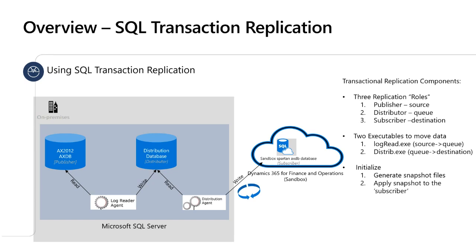But once the initial snapshot is generated and delivered, the agents keep pushing the incremental transactions on a regular basis to the subscriber in near real time, which is not a time consuming activity, I would say, right? So snapshot is important. Generating a snapshot and delivering it to the subscriber is an important step, and based on your database size, may take time, right?